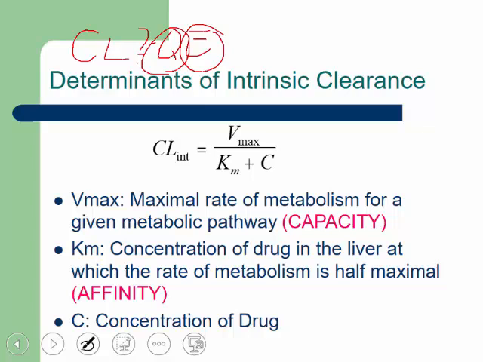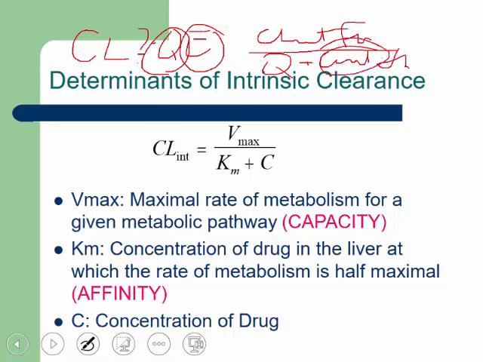For the liver, we know E is equal to intrinsic clearance times fraction unbound, all over Q plus intrinsic clearance times the fraction unbound. So one of the determinants of hepatic clearance is going to be the intrinsic clearance of the organ. Then you ask, what determines the intrinsic clearance?